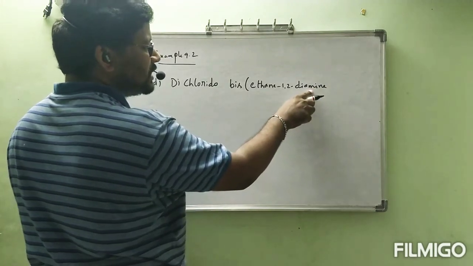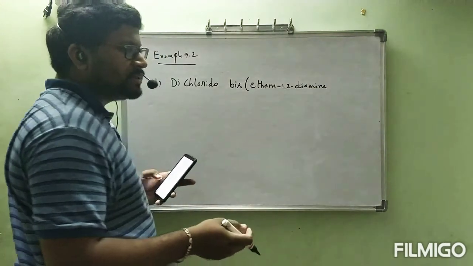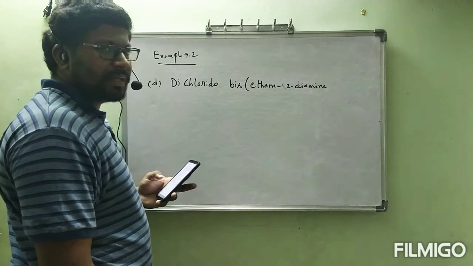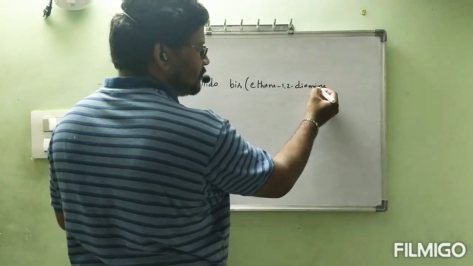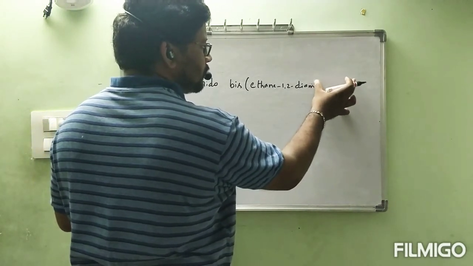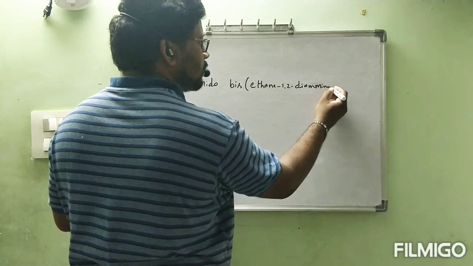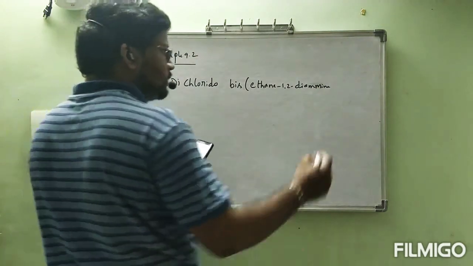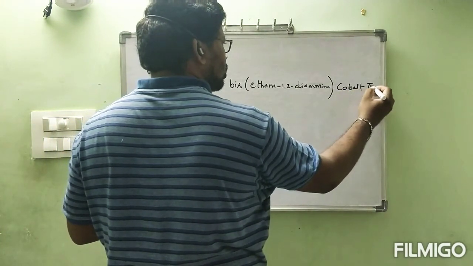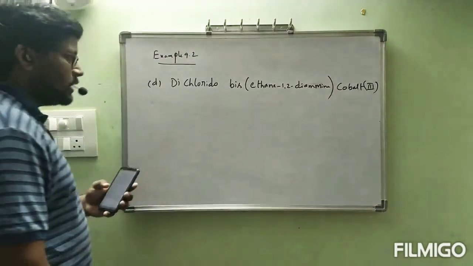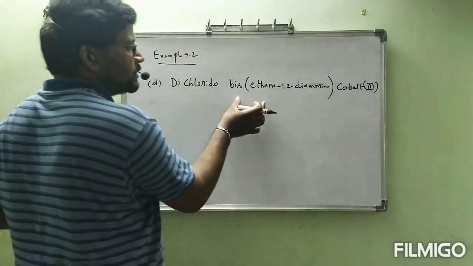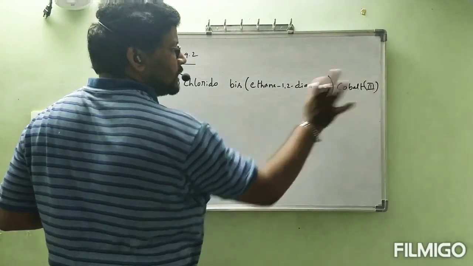Sometimes they wrote here single M. Sometimes they wrote diamine, AMMINE. That is not a problem here actually. AMMINE we can write, no problem. Diamine, cobalt 3. This is the name they gave. Dichlorido, bis ethan 1,2 diamine, cobalt 3.